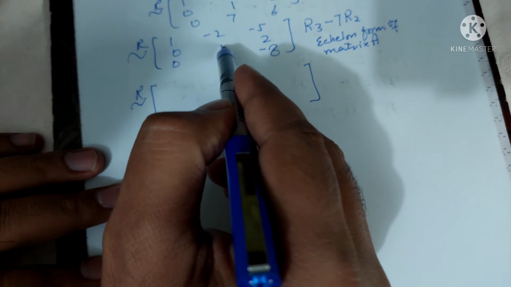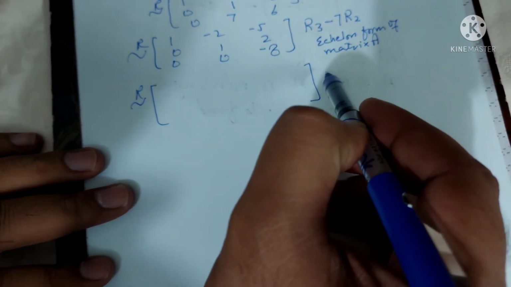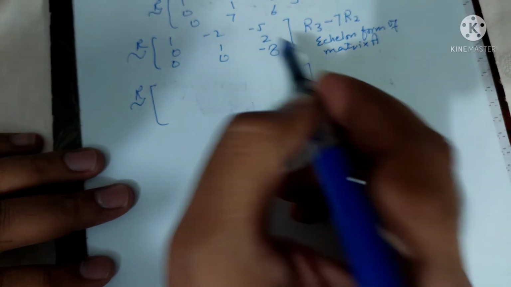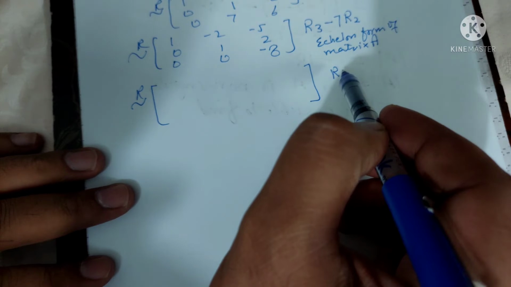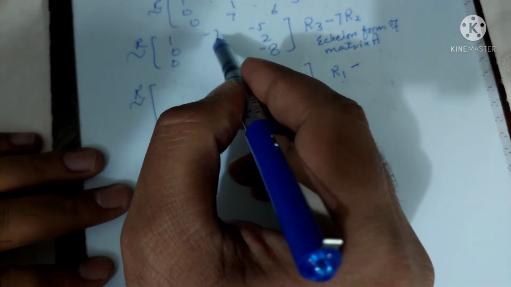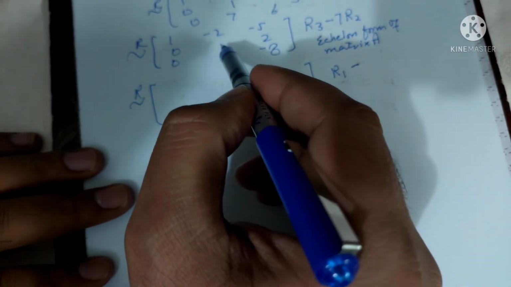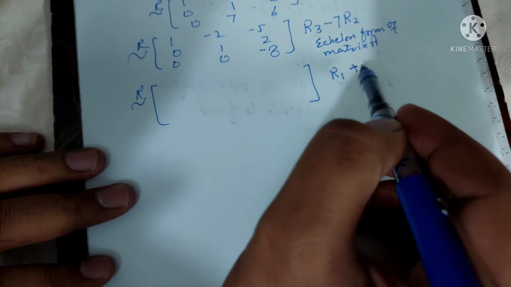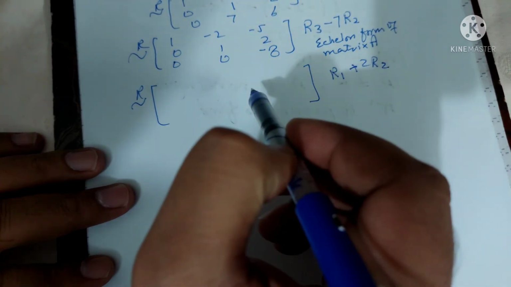So we have to use that 1 over here to make that minus 2 zero. So how can we do it? I will write, since we are making changes in row 1, I have to write row 1 first, and since there is a negative sign and the element which we are going to use to make that minus 2 zero is plus 1, we will write R1 plus 2 R2, right?